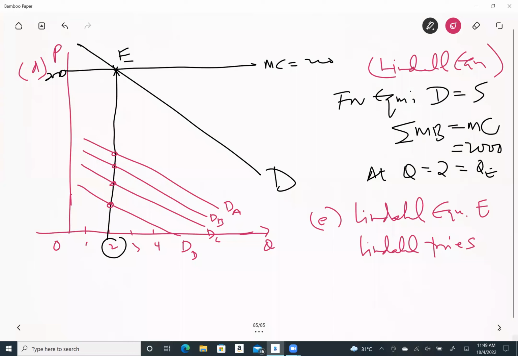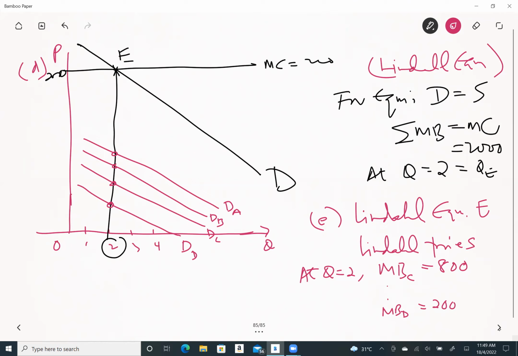So at Q equal to 2, what is the marginal benefit for C, Caroline? That is 800. And then you move up to D. D equals 200.